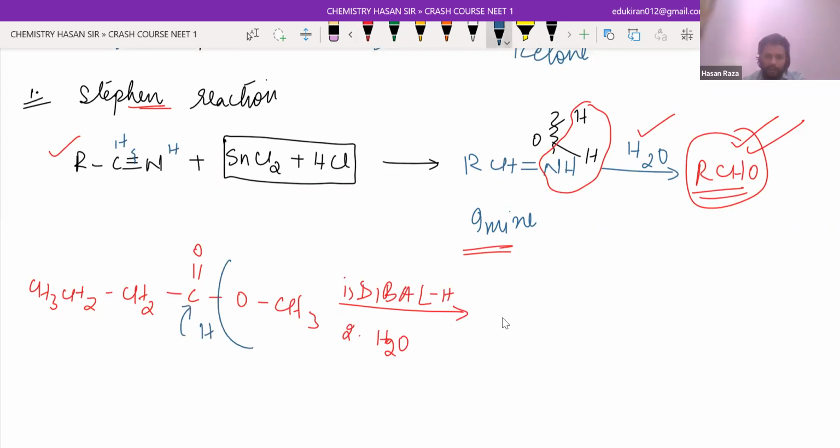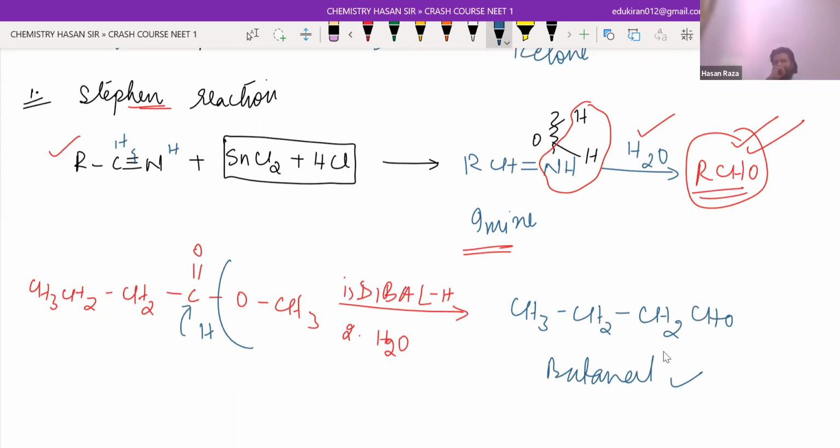Hydrogen will be added here, and it will be converted into aldehyde, which has the name butanal. Is that clear? These reactions are very important. The name reactions. Please do let me know when you are done with this.